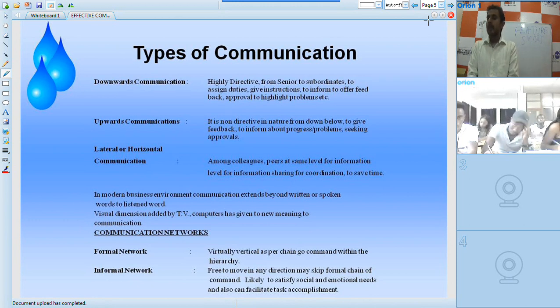Any message coming from your authority or your boss is known as downward communication. It is highly directive, from seniors to their subordinates, to assign duties, give instructions, provide feedback, approval, and highlight problems.